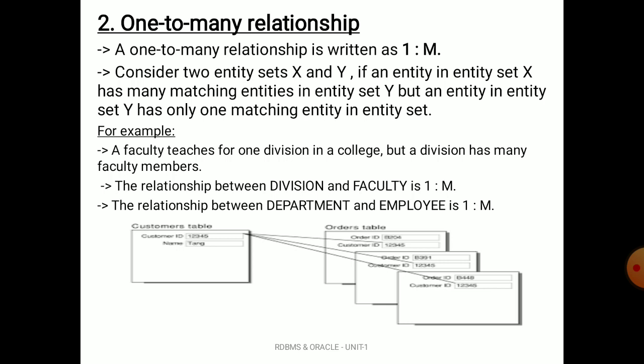The relationship between division and faculty is 1:m. The relationship between department and employee is 1:m. This is shown in the following figure.